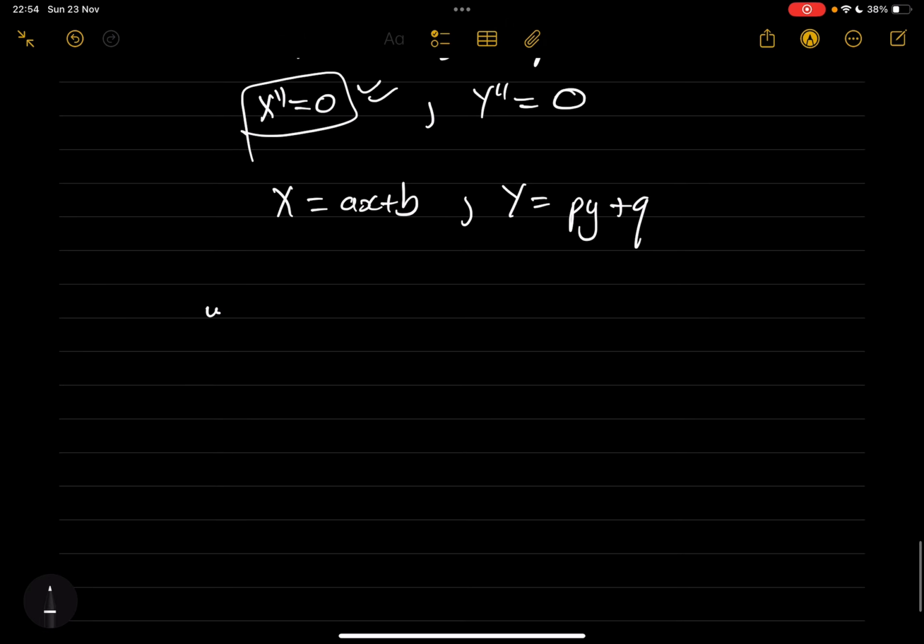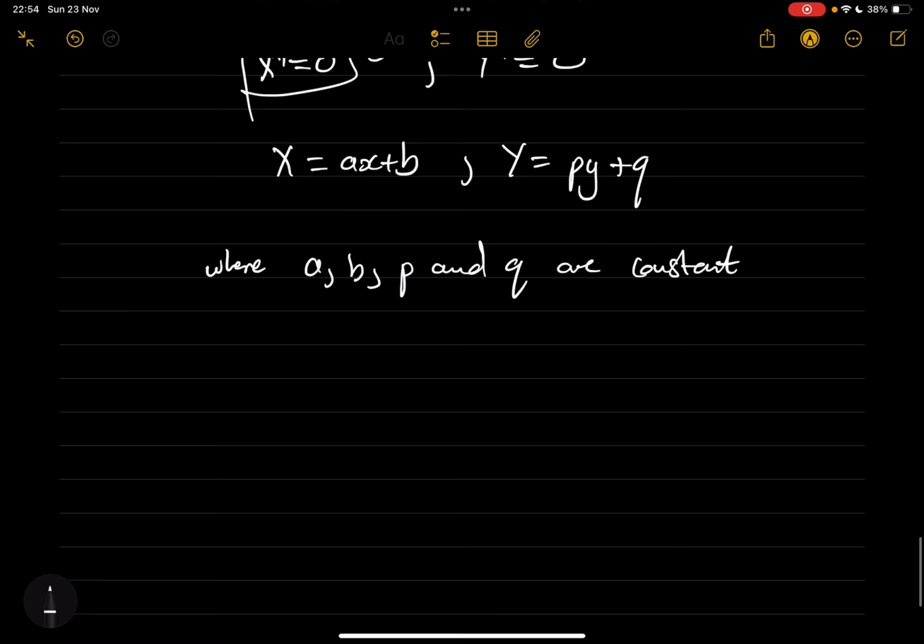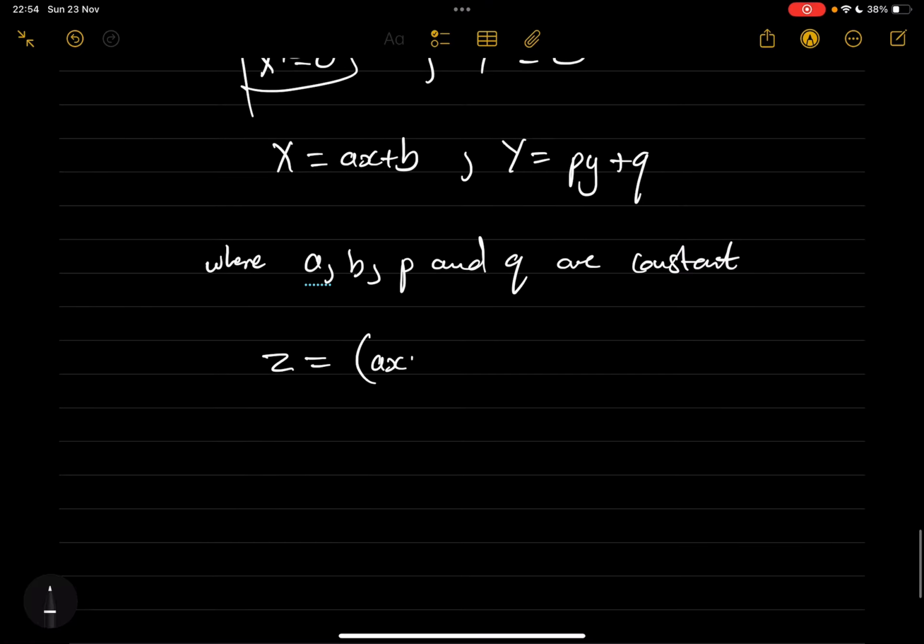Again, you need to define every new term: a, b, p, and q are constants. So now this is what we have. What's the first thing that we do here? We write z is equal to (ax plus b)(py plus q).